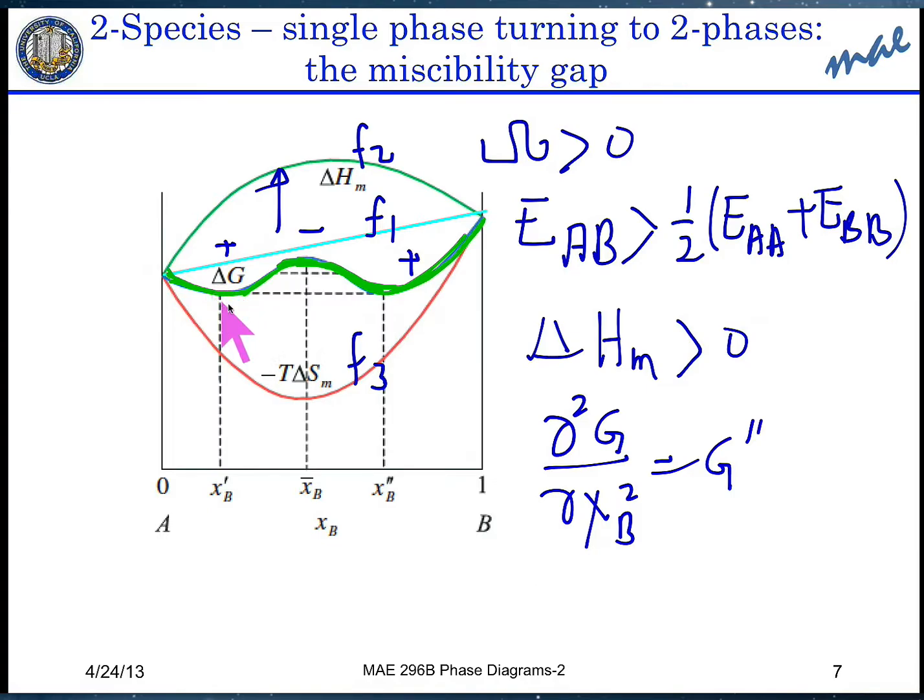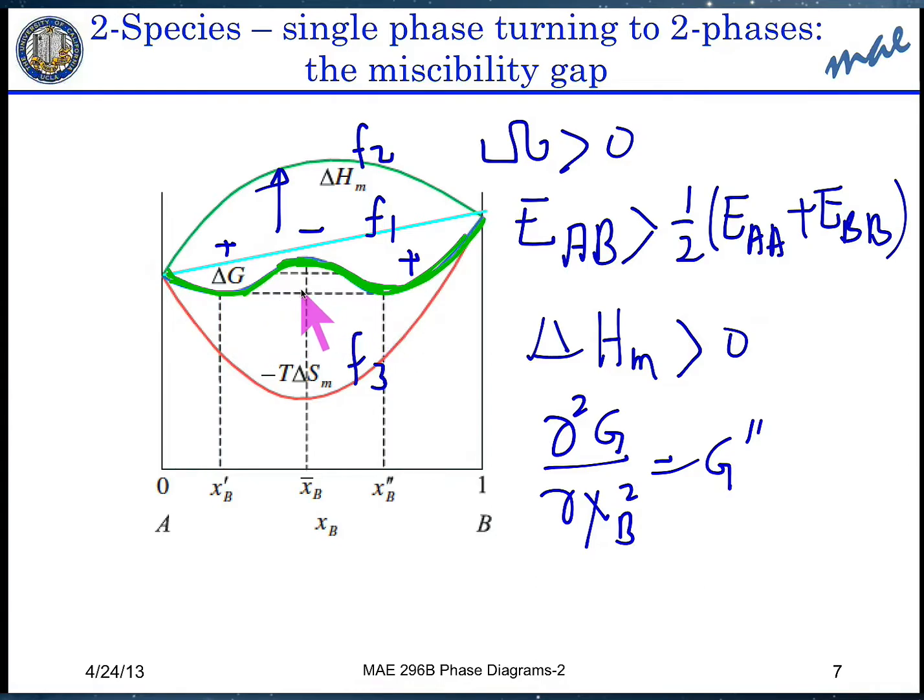Now, if you compute the linear combination of the Gibbs energy at xB prime and the Gibbs energy at xB double prime, it will come out to be about here. Any linear combination of these two will be somewhere in between, like you just connect a straight line between the two. You can show that a linear combination of these two will be at this point.